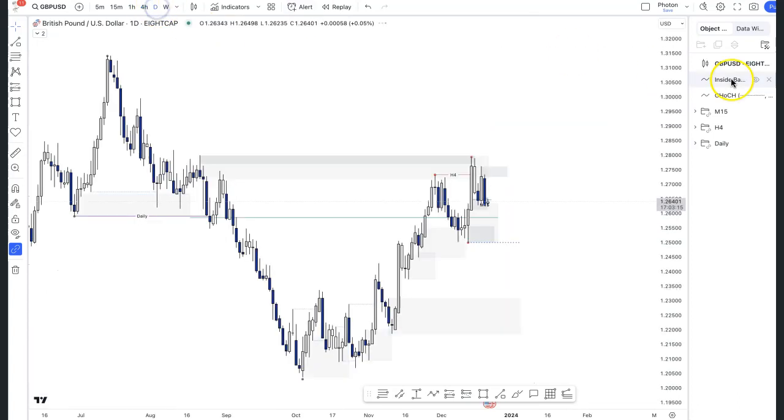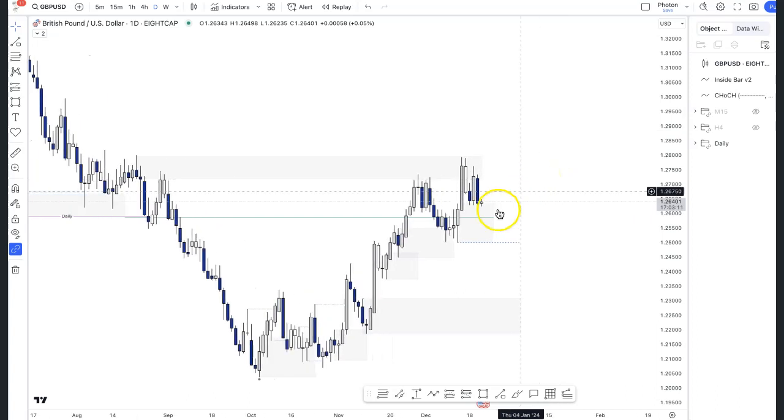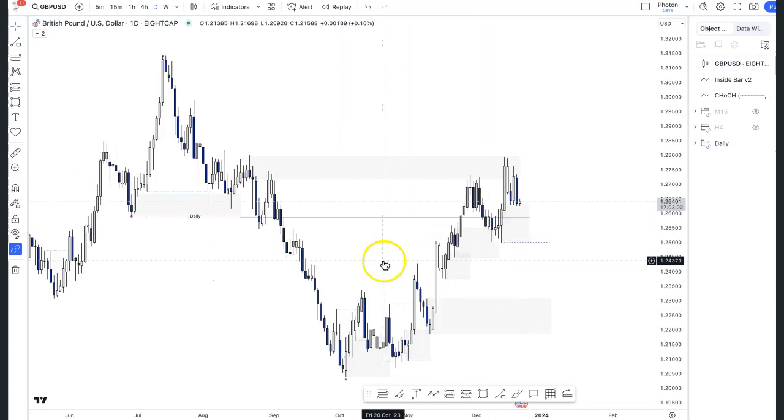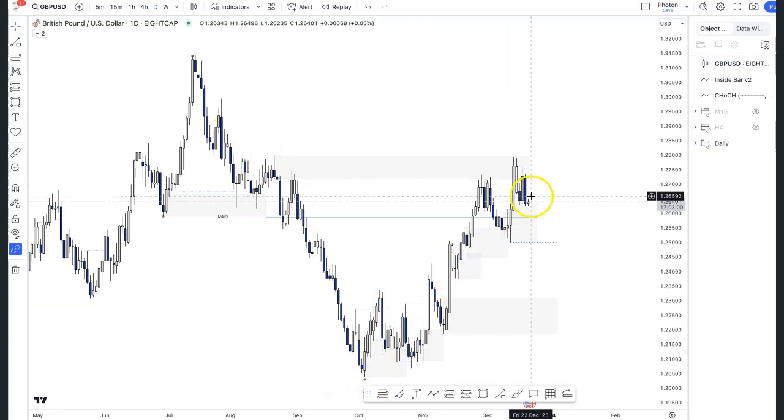Just to recap, I start off with the daily, and I look at what's the most recent unmitigated zone that I can look at. The swing is bearish, but we're playing the pullback, which is obviously going to be bullish.